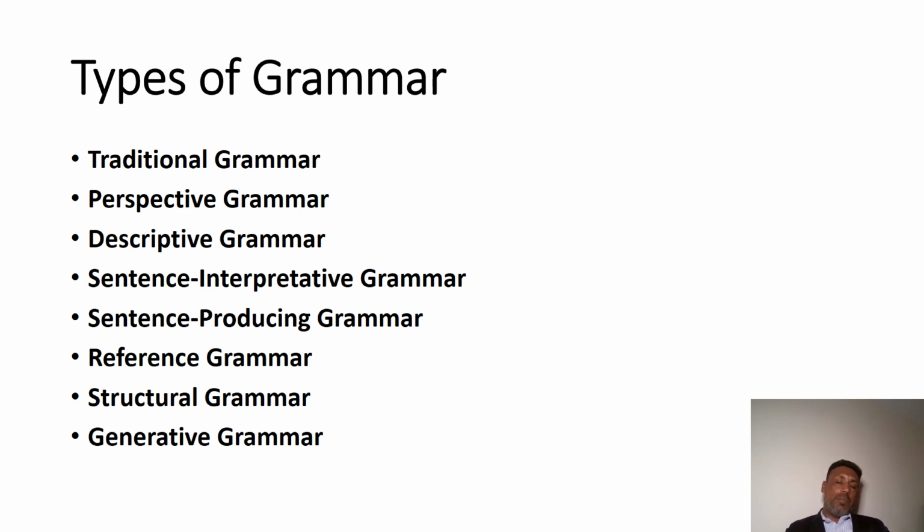Types of grammar. There are mainly two types of grammar: prescriptive and descriptive. Apart from prescriptive and descriptive, there are some other types: traditional grammar, sentence interpretative grammar, sentence producing grammar, reference, structural, and generative grammar.